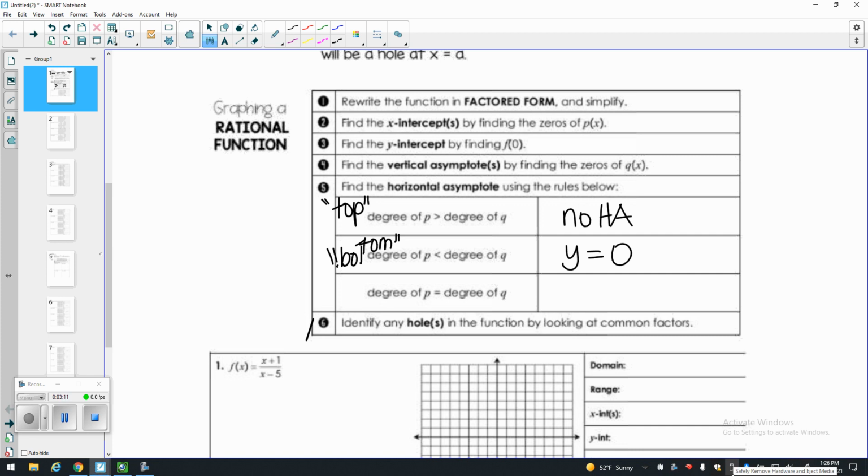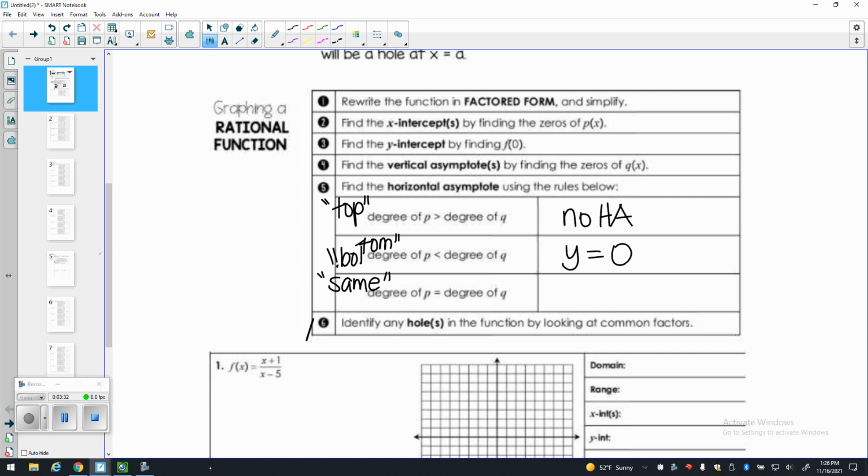Then if they're the same, why do you think I call these the same? They're equal, right? Do you guys remember what you do when the degrees are equal?